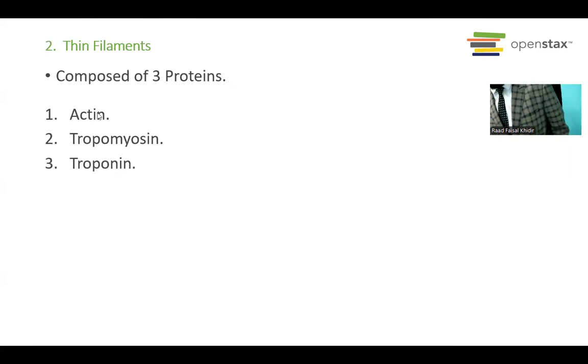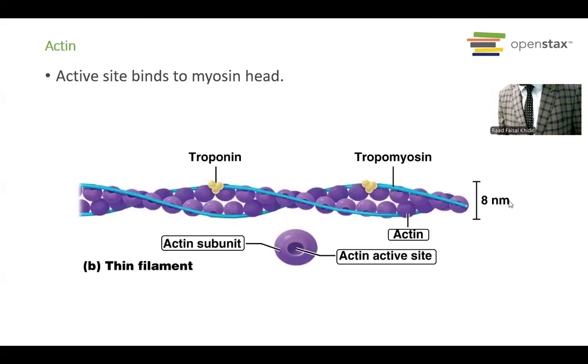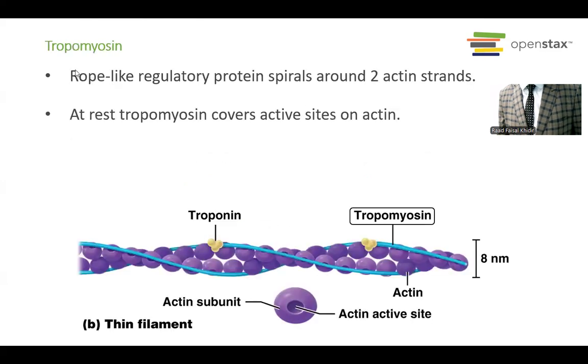And then you have actin, tropomyosin, and troponin. This is troponin, this is tropomyosin, and this is actin. Tropomyosin is a rope-like regulatory protein that spirals around two actin strands. You see, two actins, and that's the tropomyosin, and that is the troponin.